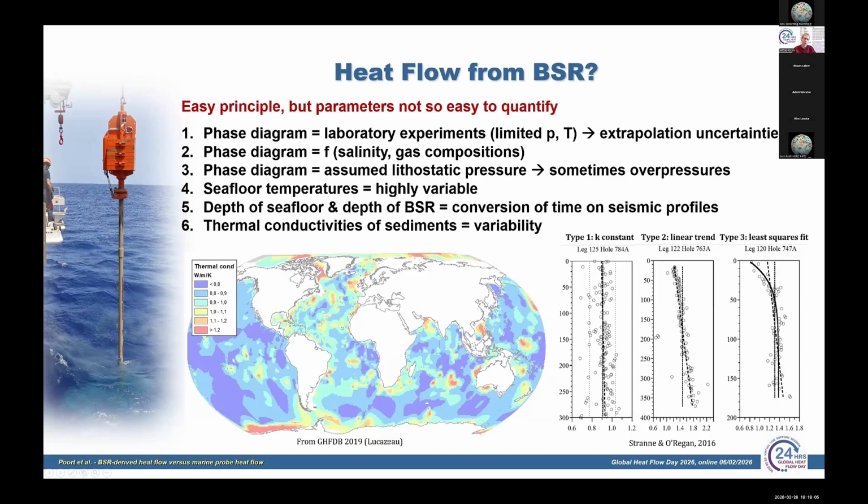This is a simple interpolation map that we made once from the global heat flow database at the time, showing the variability of the conductivity of the shallow sediments.